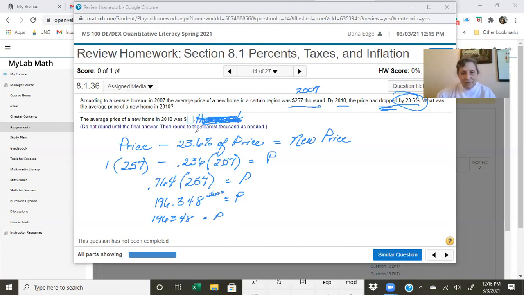And then here it says round to the nearest thousand. Now this is not thousandth with a TH. This is just thousand. So that means the nearest thousand would be 196,000. So that's the answer they're looking for.